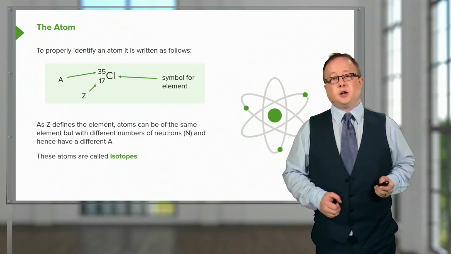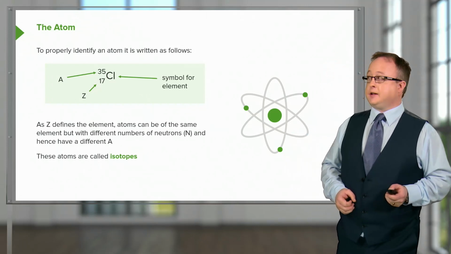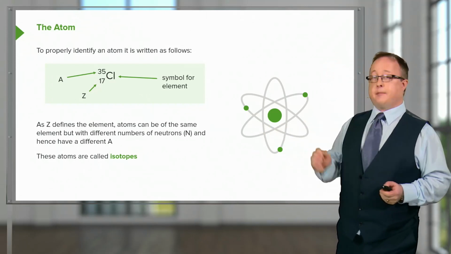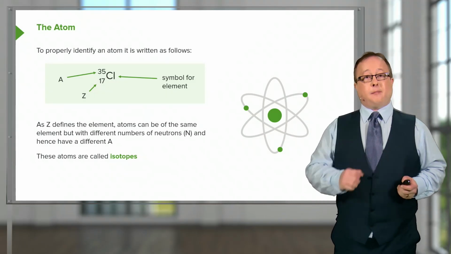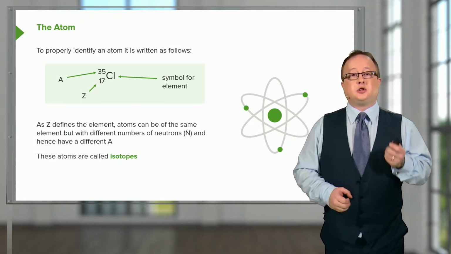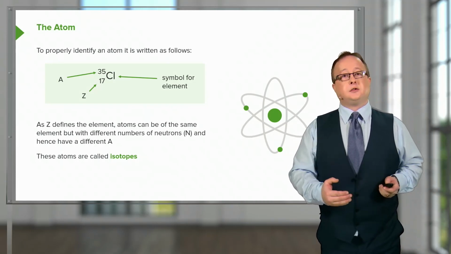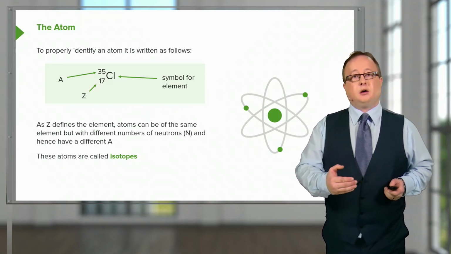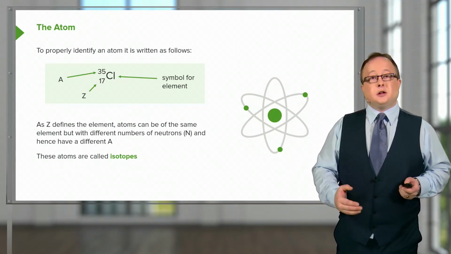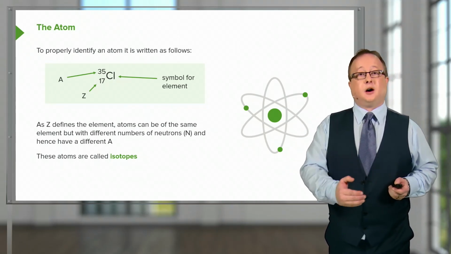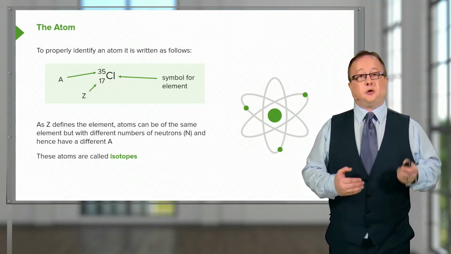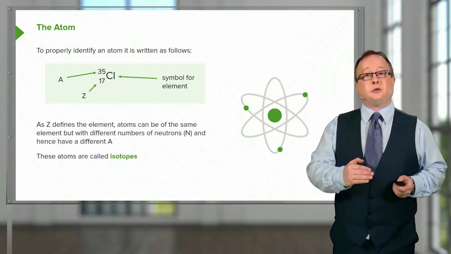Note, the larger number at the top is A. This is the atomic mass number. The lower number is Z, which is the atomic number. And whenever you're looking at this, if you're getting confused as to what is an atomic number and what is an atomic mass number, the atomic mass number is always larger than the atomic number. So if you can't remember whether it's top or bottom, don't worry.